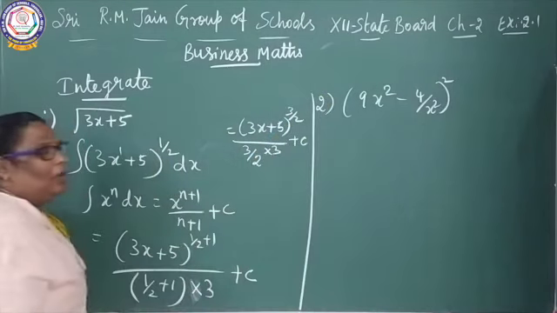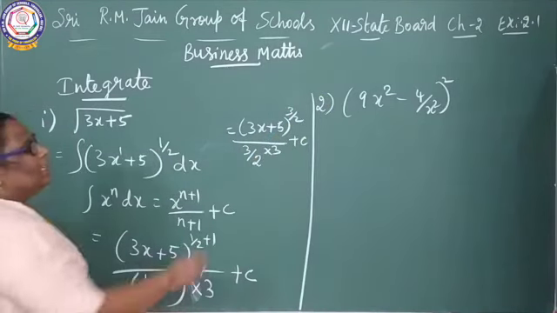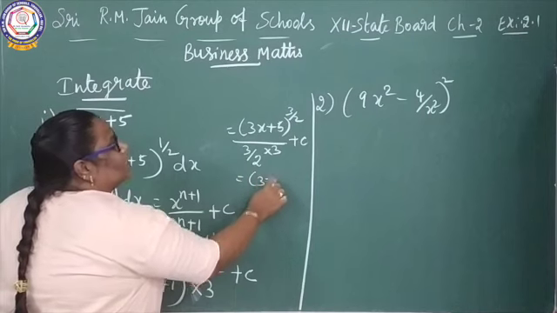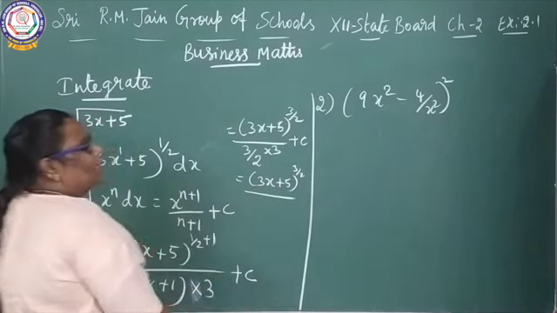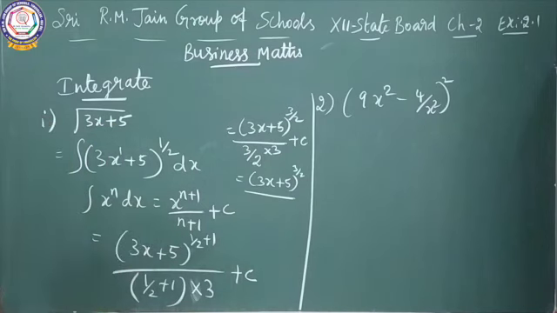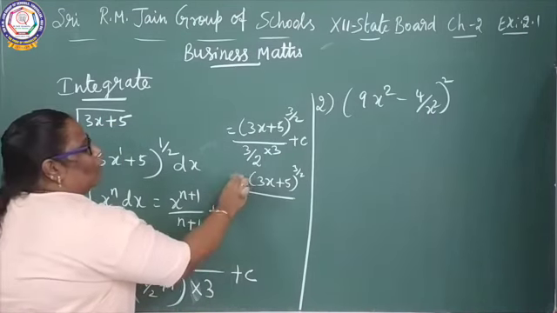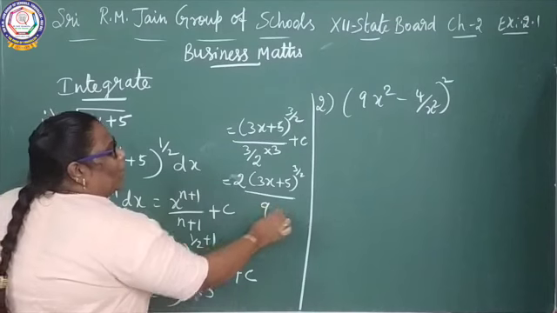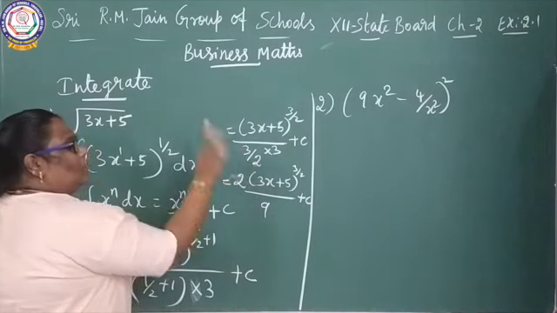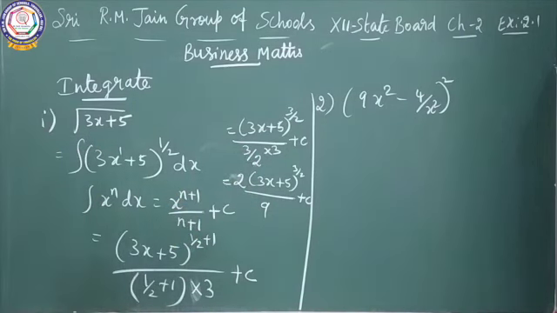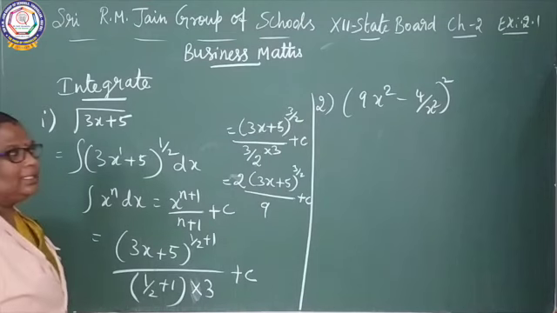You can take the LCM, 2. Then 3x plus 5 whole to the power 3 by 2, and you take the reciprocal of that value. 3 threes are 9. The reciprocal of 2 means 2 into 3x plus 5 whole to the power 3 by 2 by 9, plus c.